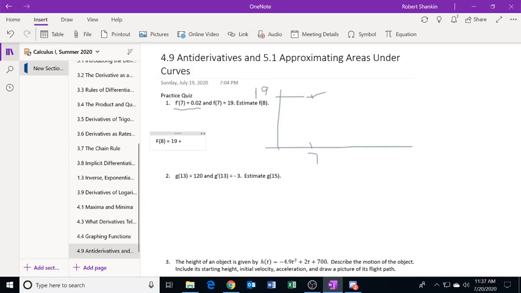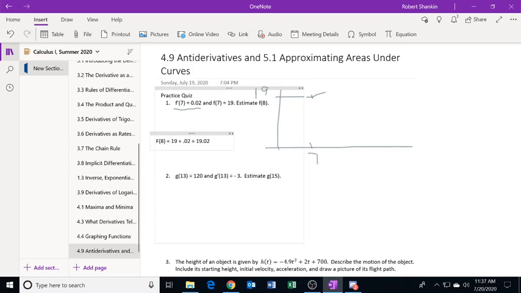So plus, since the input is increasing by 1, the output is going to increase by not 1, but only 0.02. Every time the input increases by 1, the output increases by 0.02, provided we stay on the tangent line, which is equal to 19.02. And so that's what we'll get.